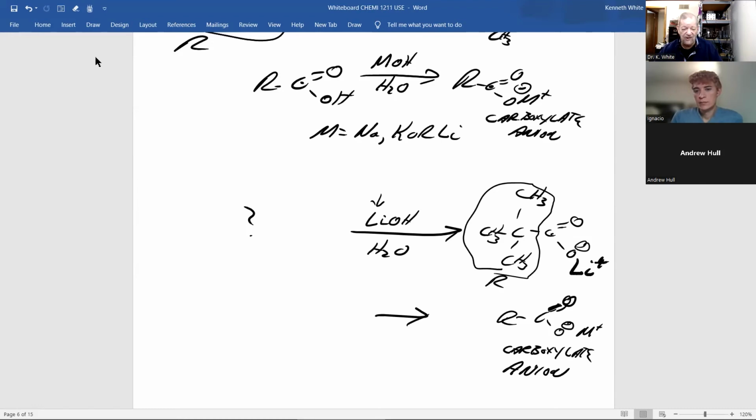Oh, I have a base, lithium hydroxide, which I could also, in general, write MOH, where M can be, in our case, lithium, or it could be sodium, or it could be potassium. And what do you start with? A carboxylic acid.